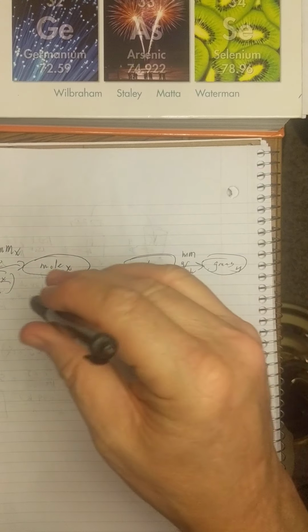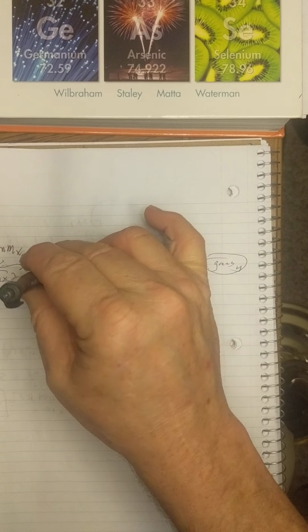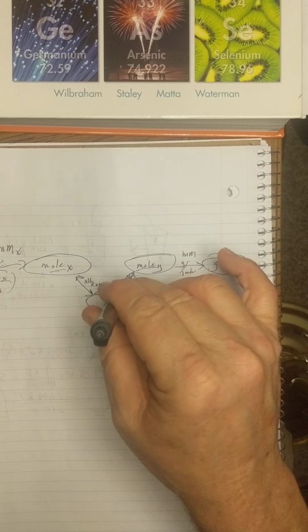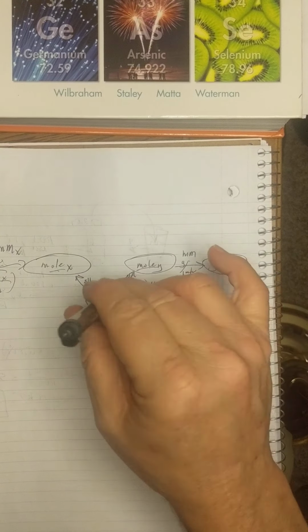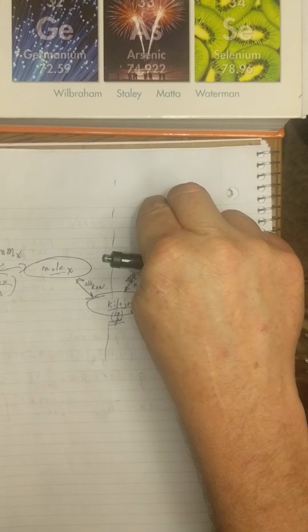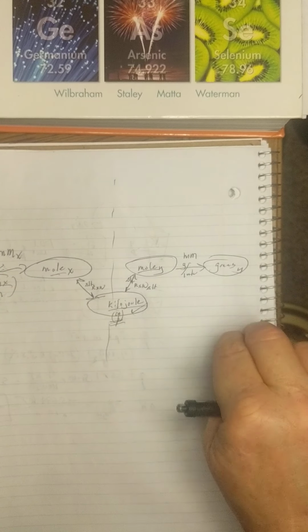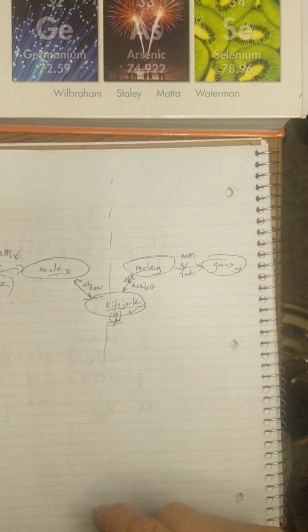So that's what we're doing in these equations, going from grams to moles to kJs, and from kJs to moles to grams. All your other boxes are up here: liters of gas, liters of solution. But I'm just focusing on that part of the mole map.